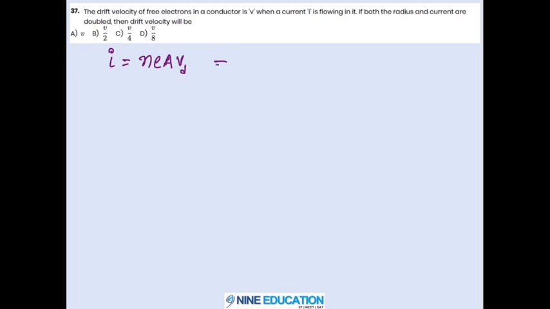So according to this question, V is the drift velocity, which is equal to I by NeA. Now radius and current are doubled. So we are assuming that the electron concentration, the charge concentration, N, is not being affected.